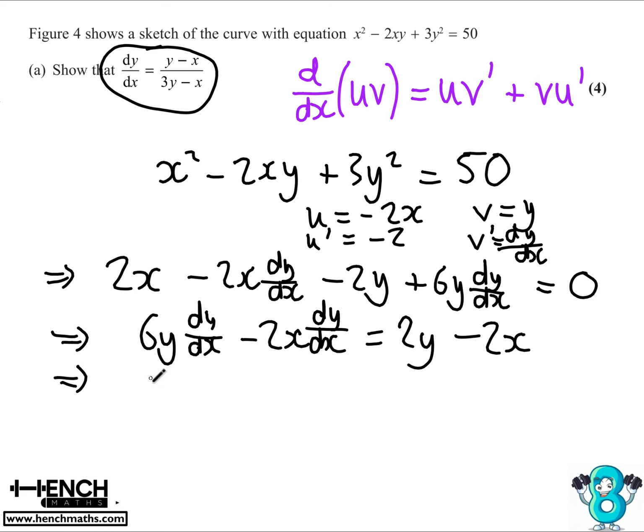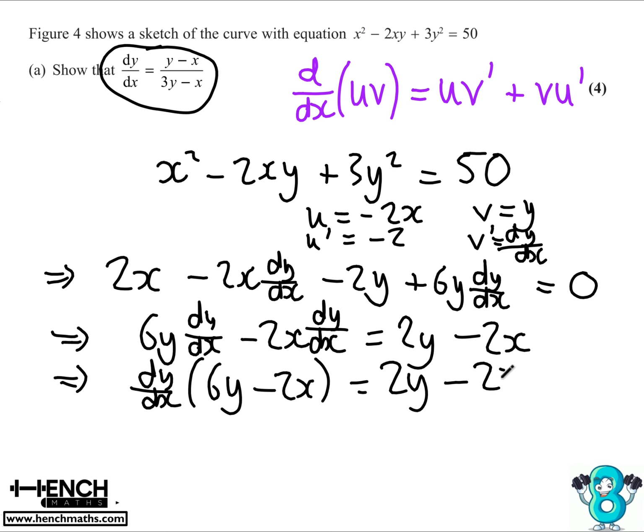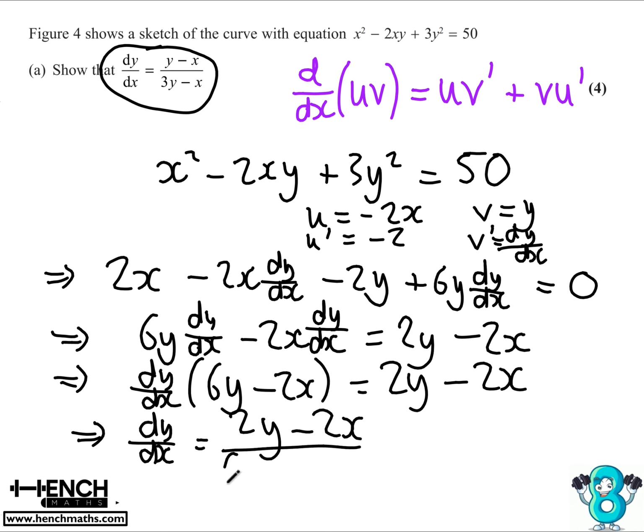We can now factorize, so we get dy by dx multiplied by 6y subtract 2x is equal to 2y subtract 2x. We can now divide, so dy by dx is equal to 2y subtract 2x, all divided by 6y subtract 2x.